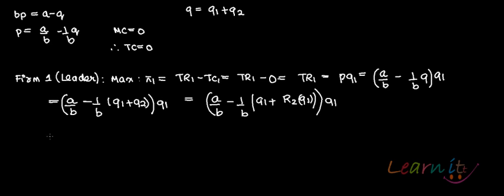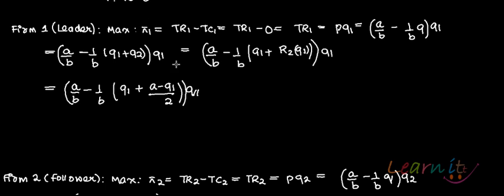If you simplify this, you will get A by B minus 1 by B times Q1 plus A minus Q1 by 2, whole into Q1.